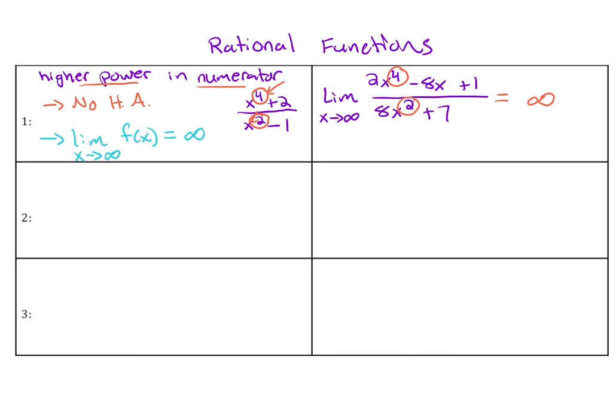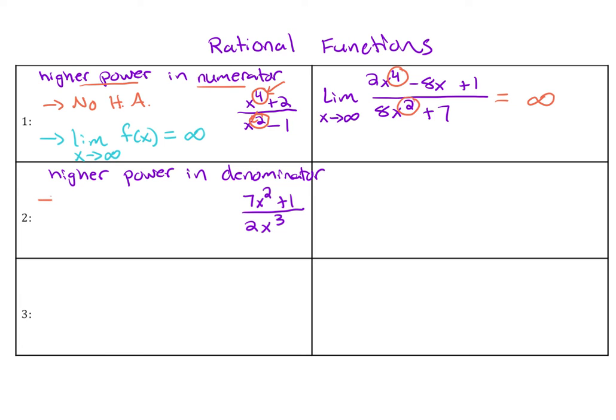Okay, so then the next one, what happens if the higher power is in the denominator? So an example, 7x squared plus 1 over 2x to the 3rd.